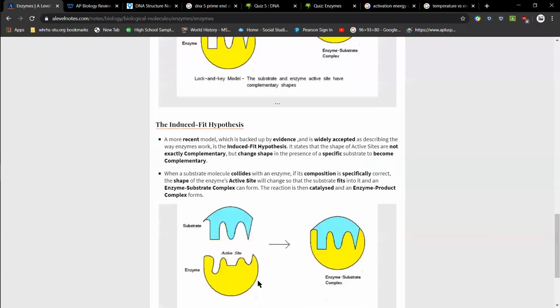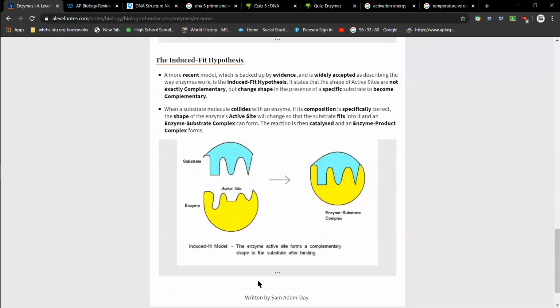What actually happens is what we call the induced fit hypothesis. As you can see here, the enzyme does not match what the substrate looks like. But pretty much what happens is after the substrate comes in close proximity, the enzyme changes its structure to better fit the substrate. So that's what the induced fit hypothesis is.